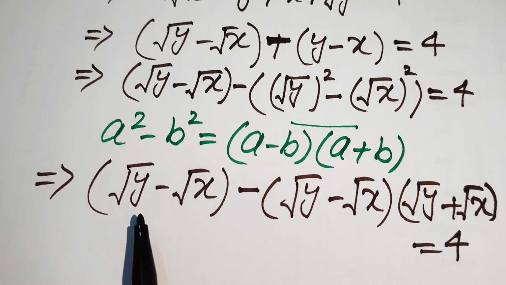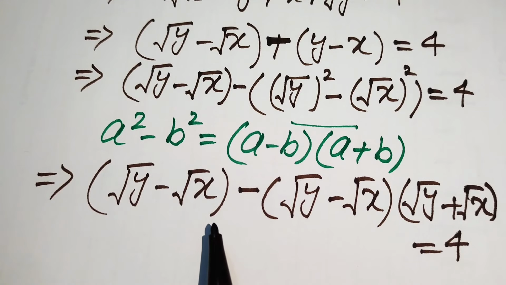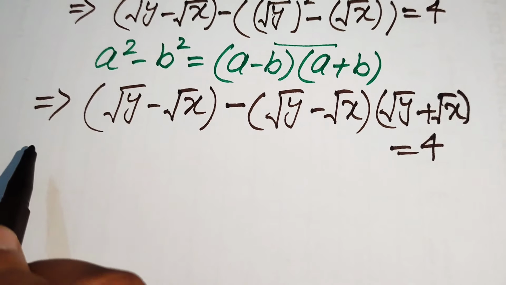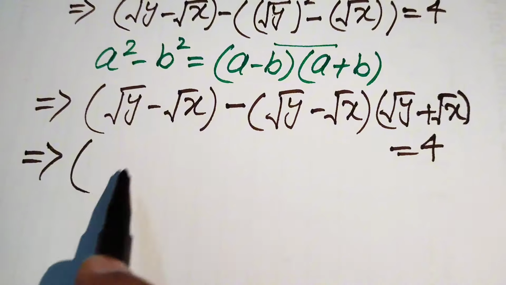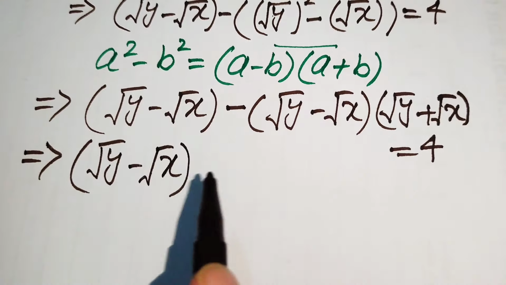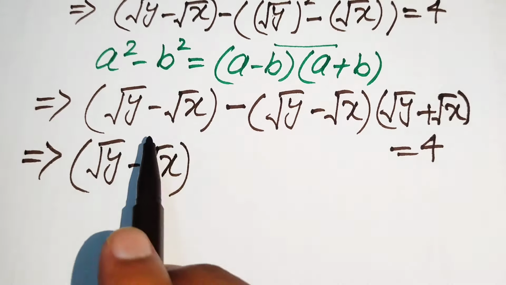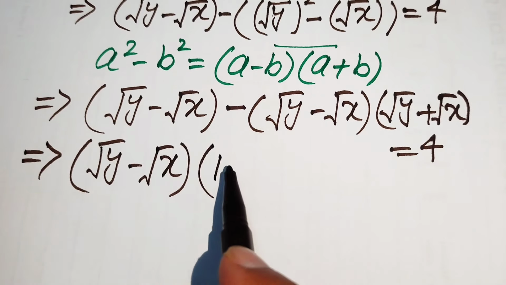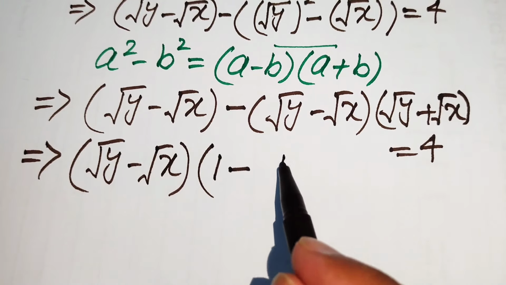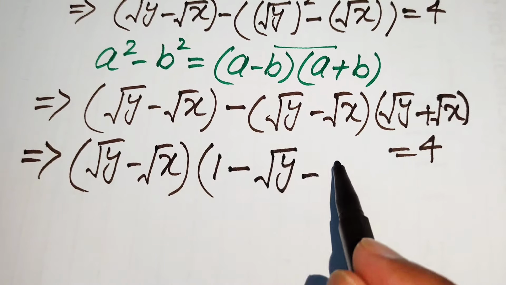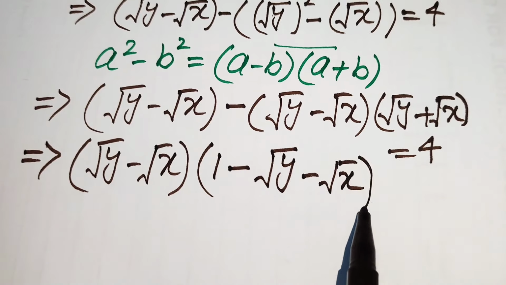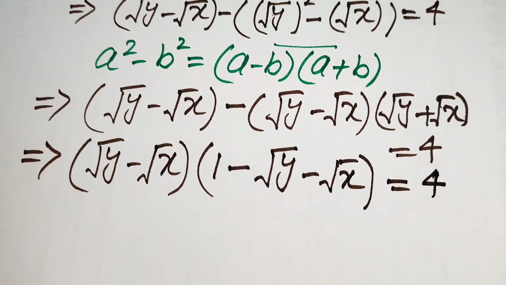Here you see that square root of y minus square root of x is the common factor of these two terms. Taking it common, we get square root of y minus square root of x times 1 minus the remaining terms, square root of y minus square root of x, equals 4.